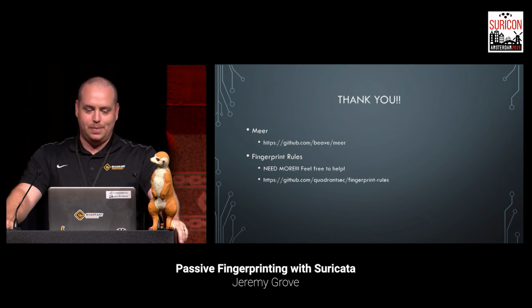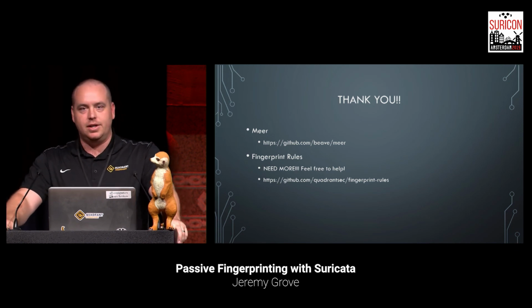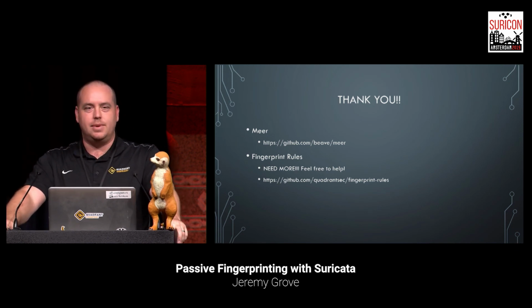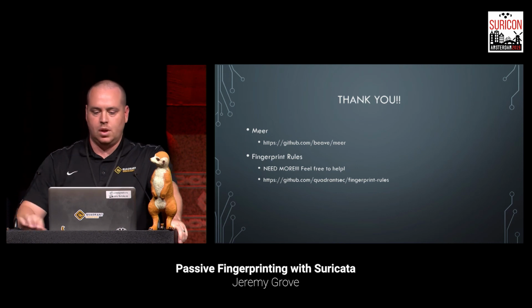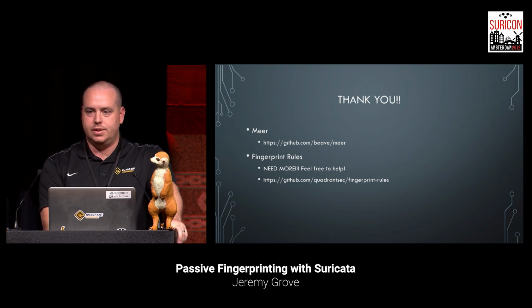If you are interested in Meer, you're going to hear a lot more about it later. I believe Champ has a lightning talk, but it is also open source and easily available through GitHub. Again, Meer is the way we handle our data, and it makes it effective.